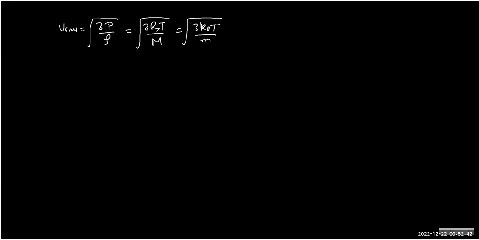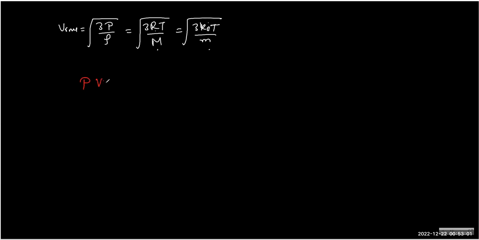It is very easy to remember. R always comes with molar mass and k always comes with molecular mass. Does it make some sense to you guys? Tell me yes. Yes, sir.